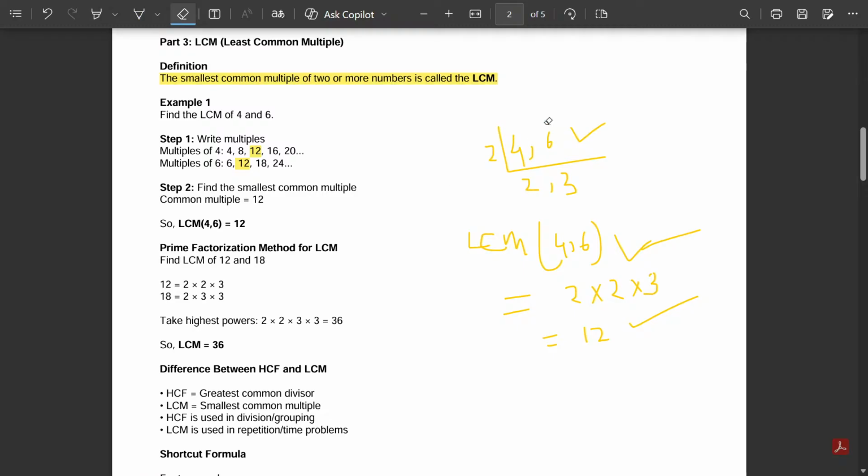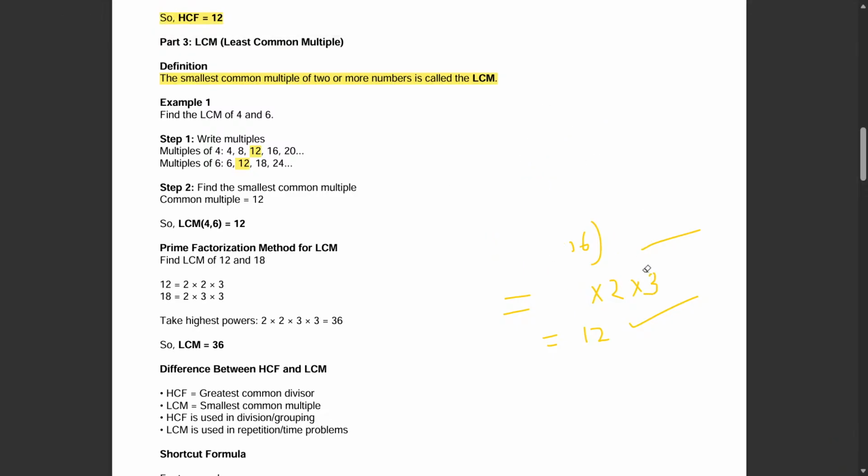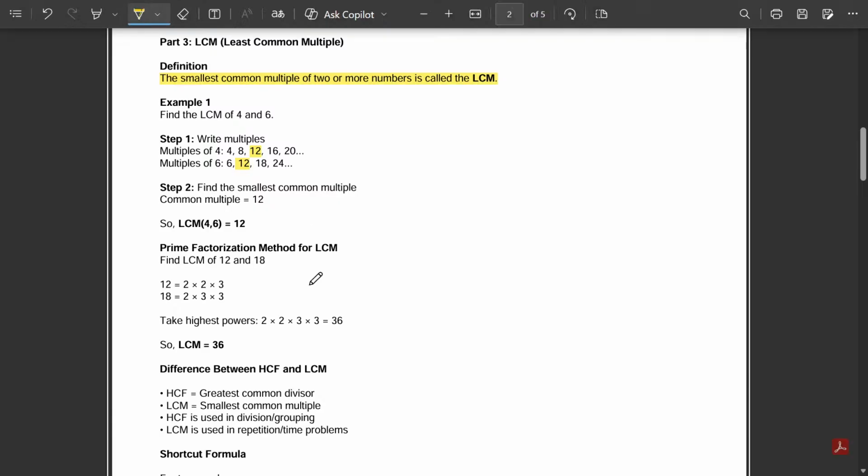Now we are moving to another example. Prime factorization method for LCM. Find the LCM of 12 and 18.